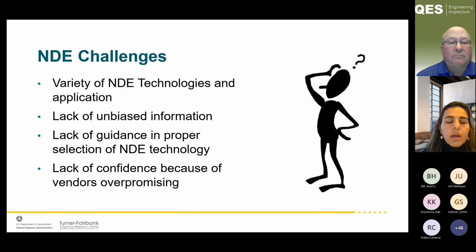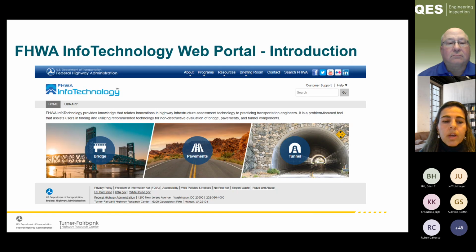So as you can see, there are a variety of NDE technologies, and there are numerous applications for these technologies. But there is a lack of unbiased information, there is a lack of guidance on proper selection of NDE technologies, and there is a lack of confidence because of vendors over-promising on technologies.